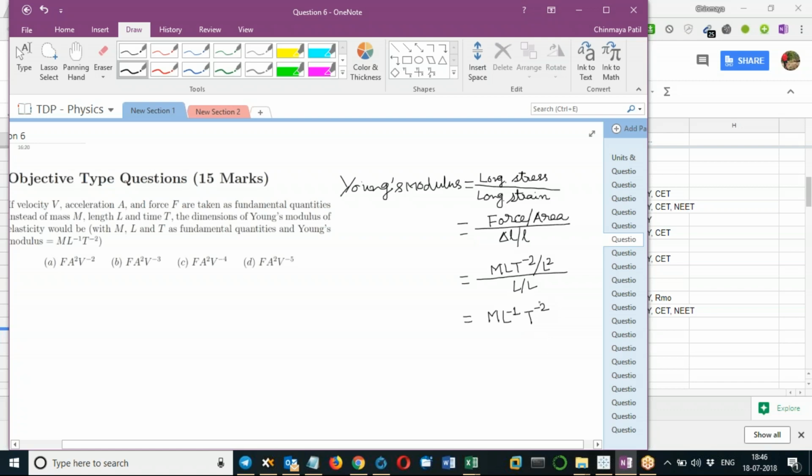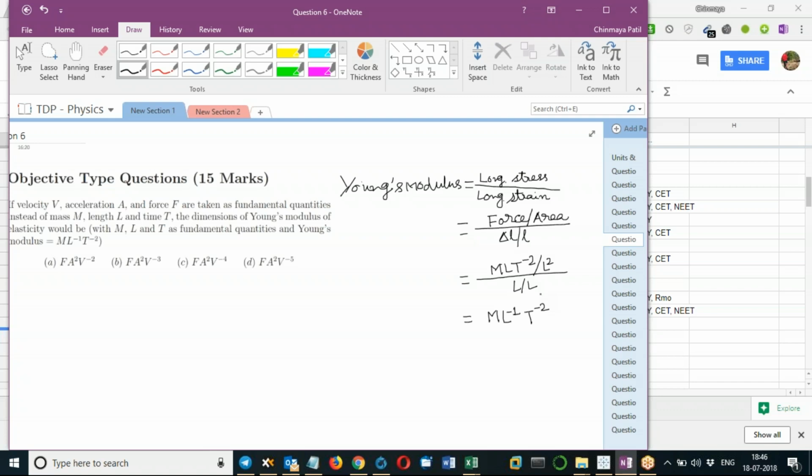Now, going back to the question, the first option is F A square V to the power minus 2. Let's see whether F A square V to the power minus 2 is equal to M L to the power minus 1 T to the power minus 2 or not. If it is, then option A is correct, and we don't need to proceed with the other three options.